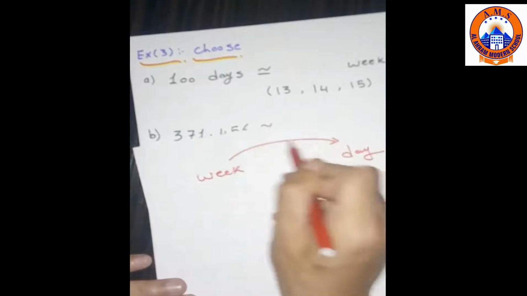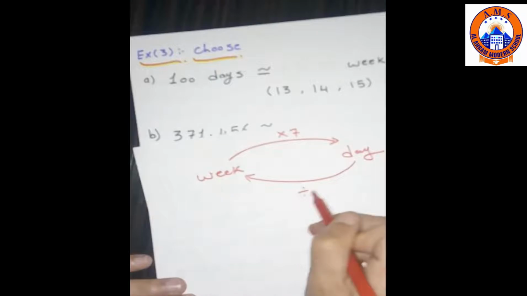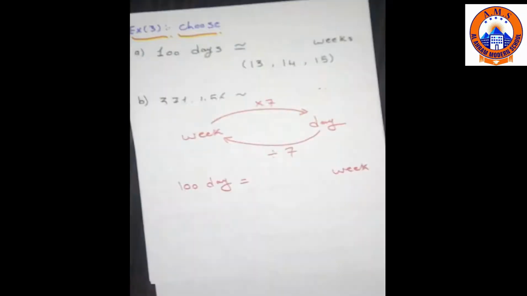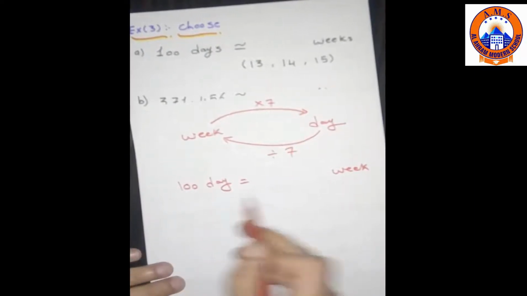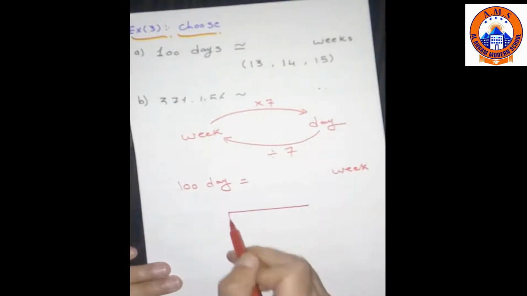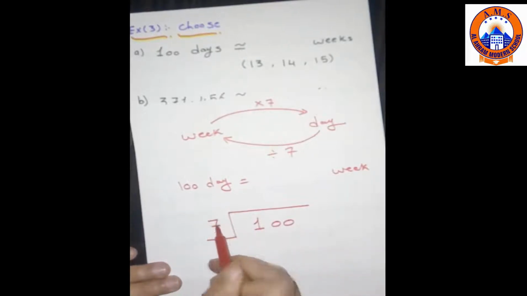Each week contains 7 days, and if you're going to turn back, you will divide by 7. So let's say 100 days equal how many weeks? To change from day to week, we're going to divide by 7. So I'm going to take the 100 days and divide it by 7.